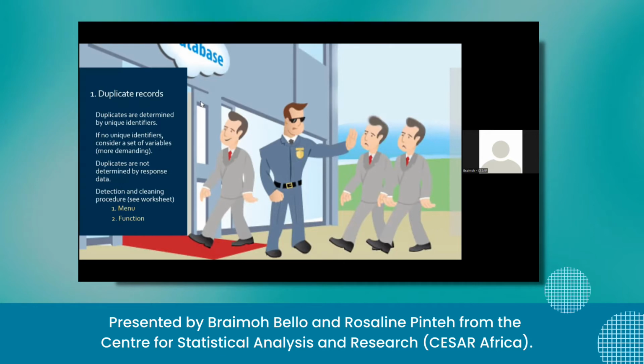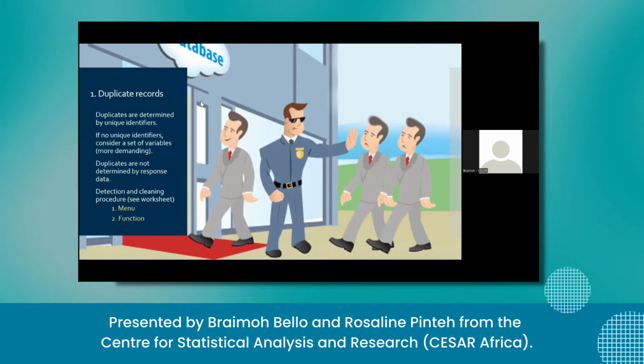So the likelihood of duplicate on a particular date of birth still exists. So it is good if databases have a unique identifier. And of course, if there's no unique identifier, you will then have to use a set of variables, combine them together to form your unique identifier. And of course, like I said, it would be great if date of birth was one of those variables. Duplicates are not necessarily determined by response data.